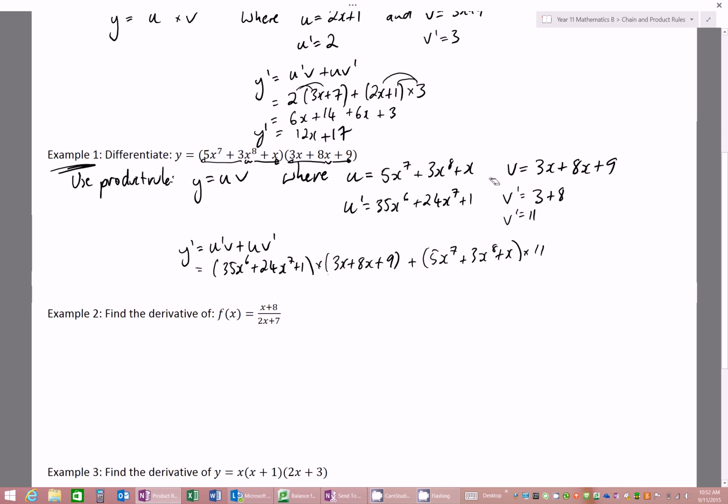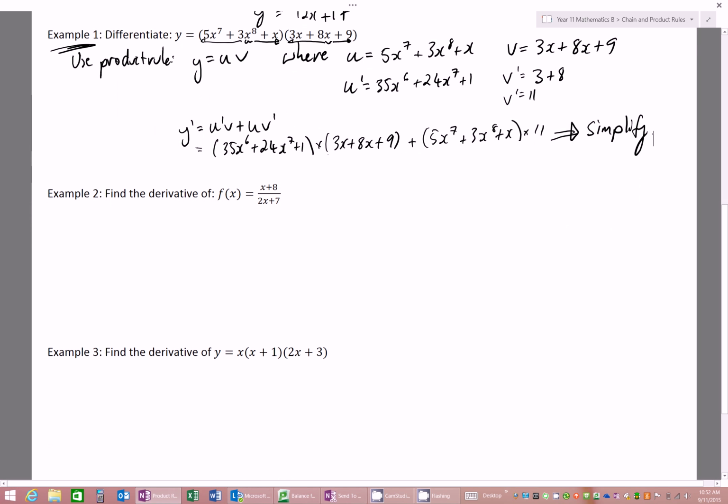Okay, and then if we wanted to, we could expand all the brackets and collect like terms to simplify. Okay, so from there we can simplify. So it's always the same idea. Two things multiply together, call one u, call one v, apply product rule.